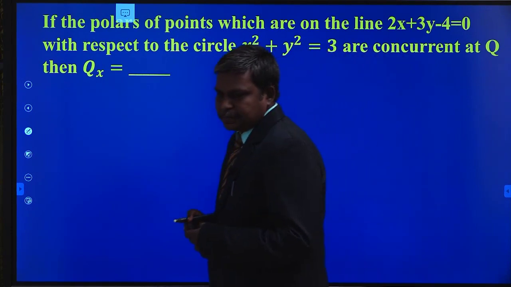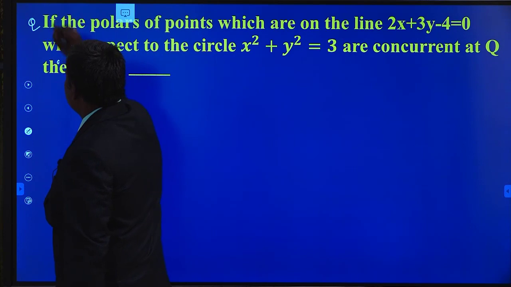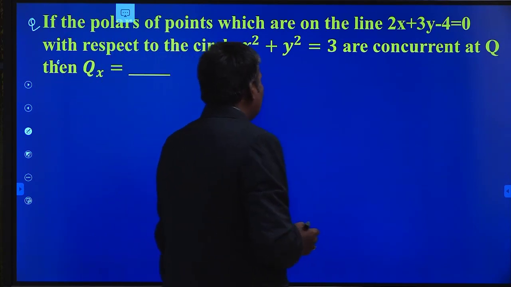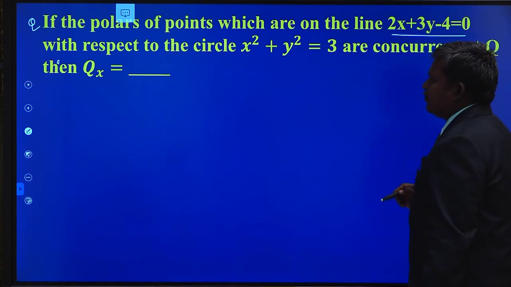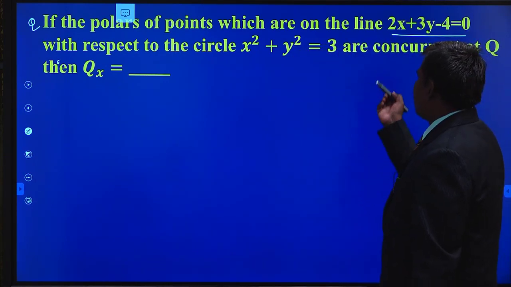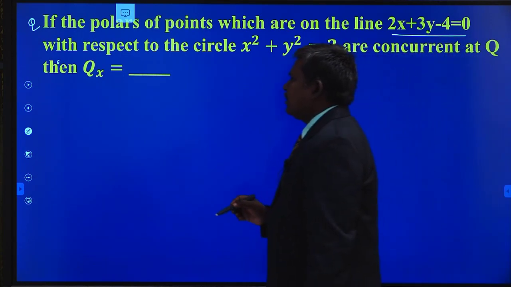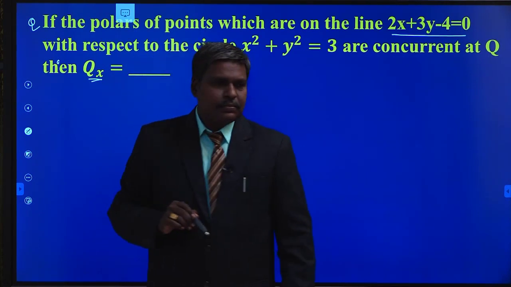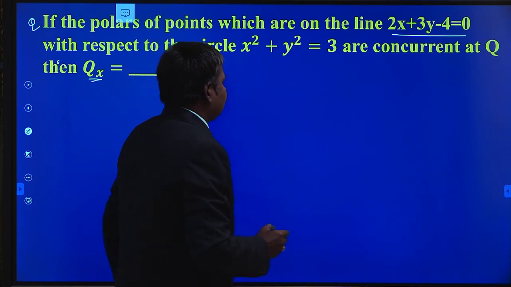See here, this is the question. If the polars of points which are on the line 2x plus 3y minus 4 equal to 0 with respect to the circle x square plus y square equal to 3 are concurrent at Q, then the x coordinate of Q is what? What is that? Polars of points which are on the line.